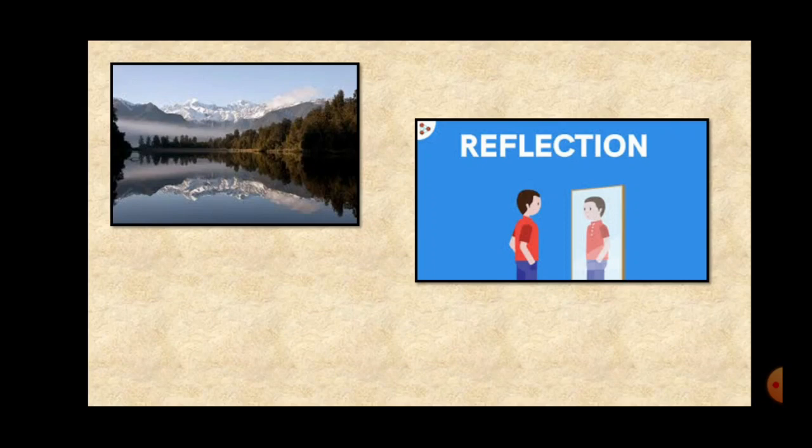Now when we are sitting in a dark room, there is no light, doors and windows are closed, we are not able to see the things because the light is not falling on the objects, and after falling on the objects, the light rays are not reaching our eyes. Unless and until this light which falls on the object reaches our eyes, we are not able to see the things.